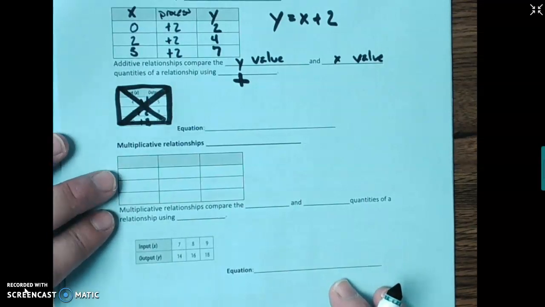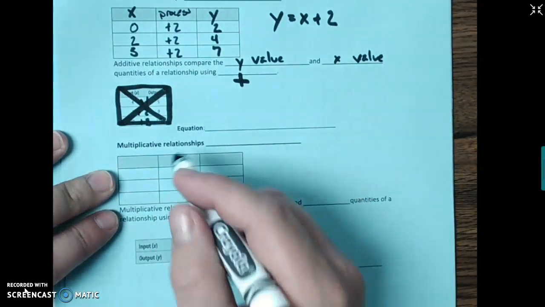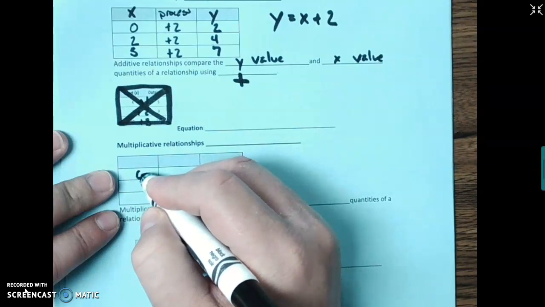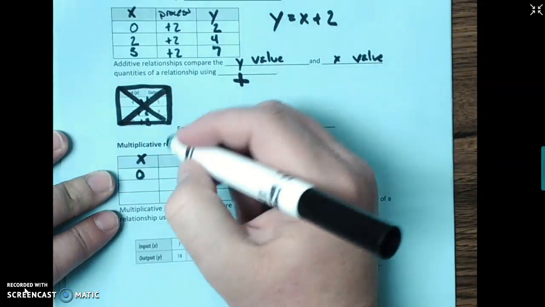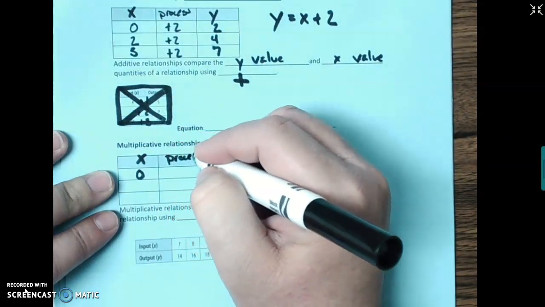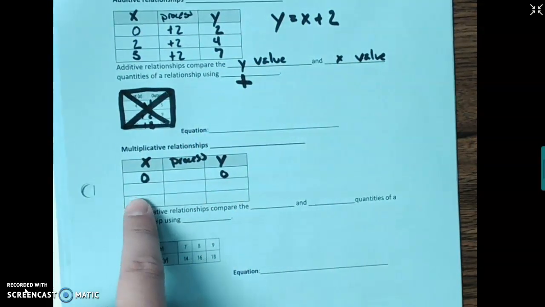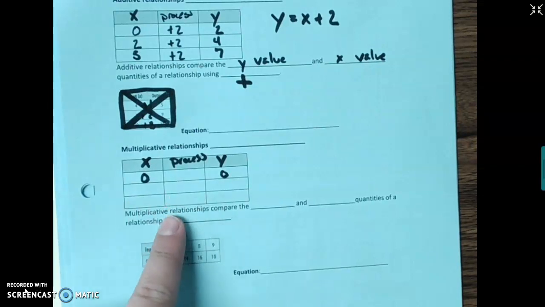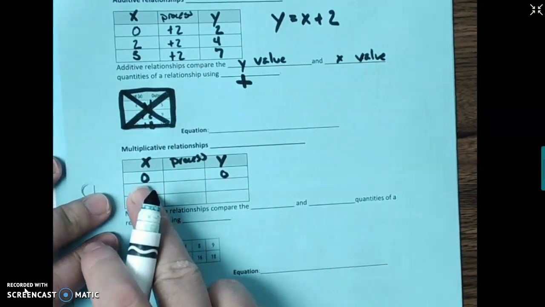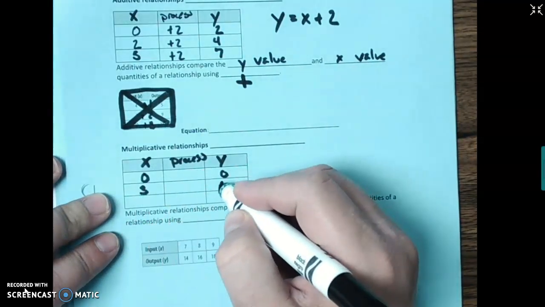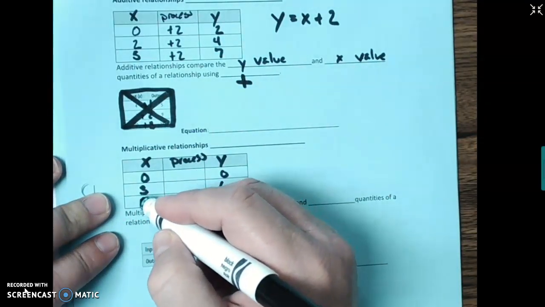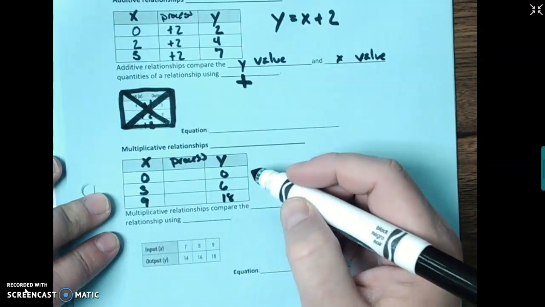Okay. So, this table, if I want a multiplicative relationship, let's say I have 0, put my x and my y, because that's always going to be, here's my process, and the process column won't always be there. Sometimes we're going to do it in the x column, but for right now we're going to do it here. So 0 and 0. 3 and 6. 9 and 18.